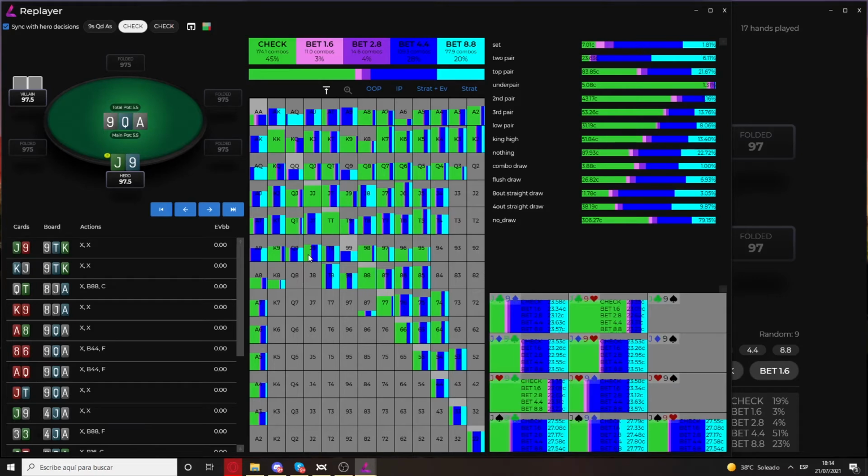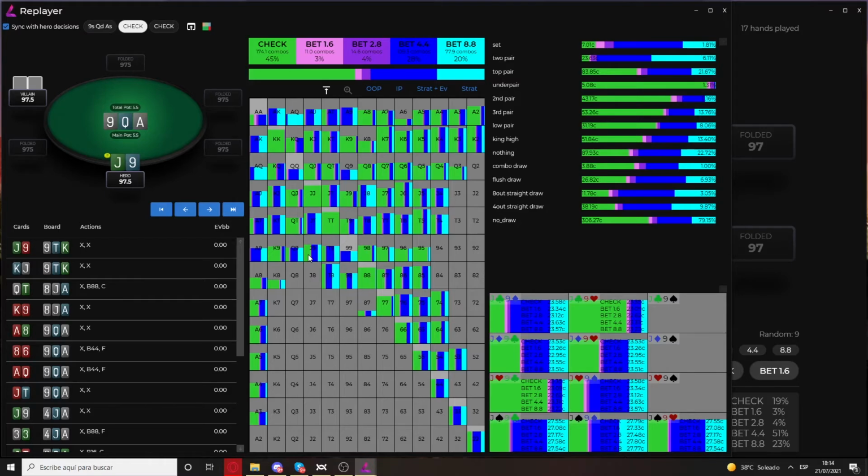So let's see. The 9 of diamonds seems to be extremely important here, and it does make sense because 9x of diamonds would continue to a bet pretty much always, and so having the 9 of diamonds is going to reduce the amount of hands that calls.